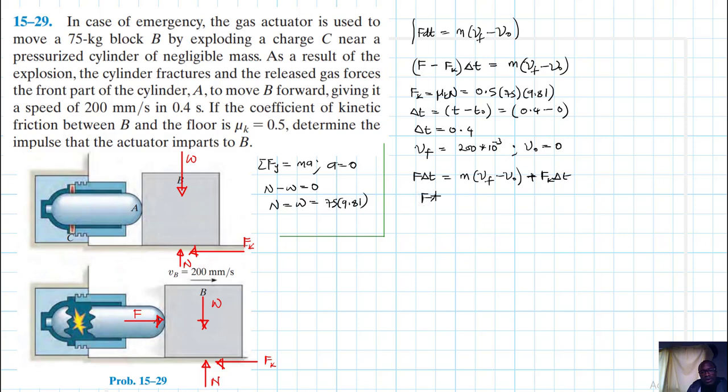So our F delta t is just going to be equal to I, which is equal to m, and our m is equal to 75 kg.